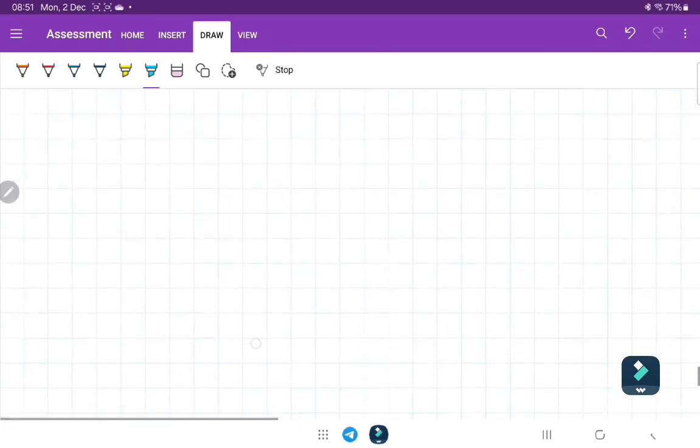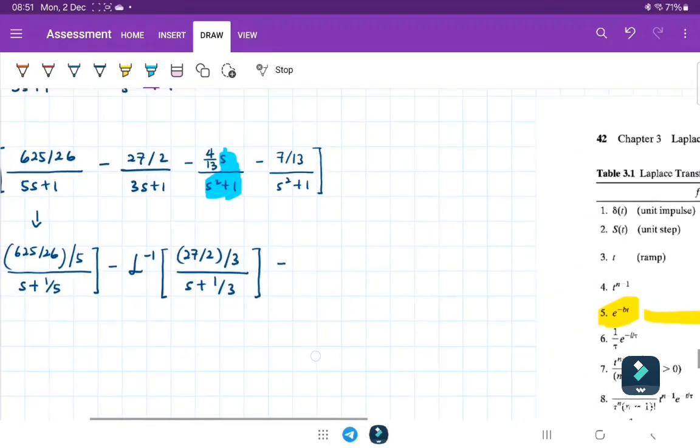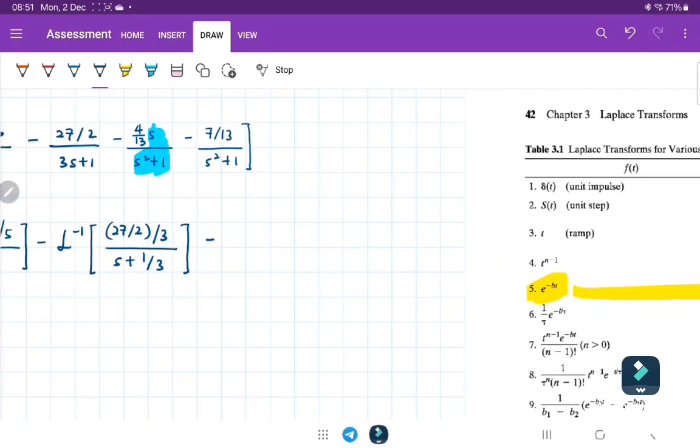So for that part, we will bring 4 over 13 out, and we can inverse Laplace s over s squared plus 1.